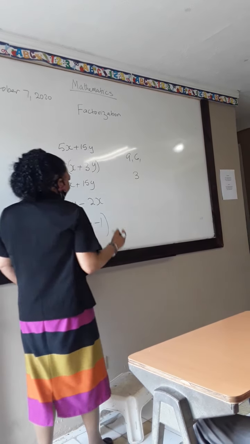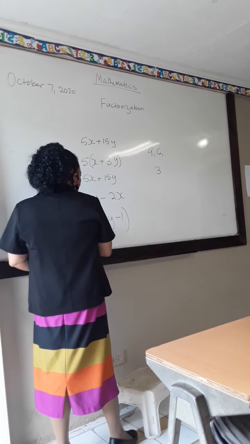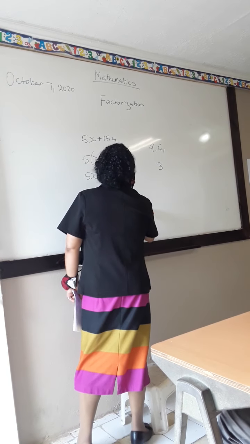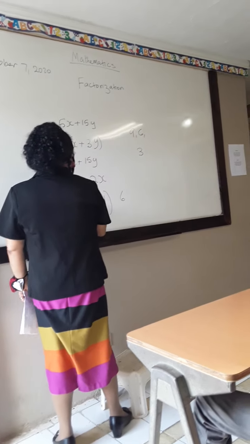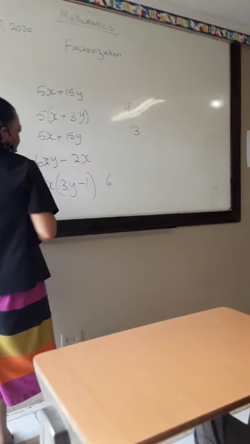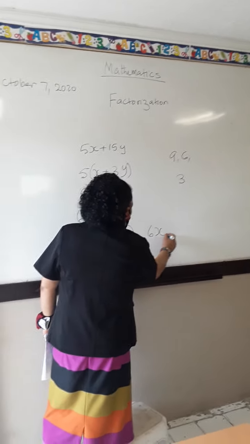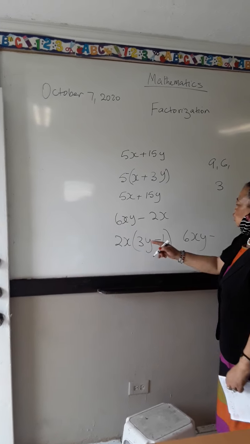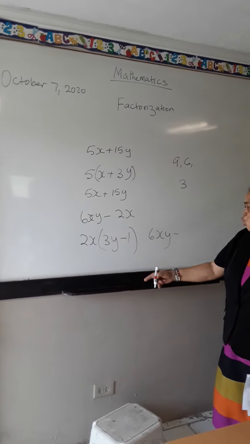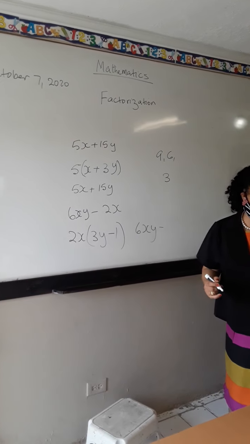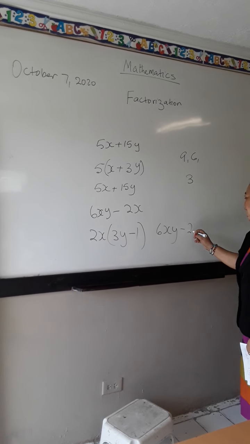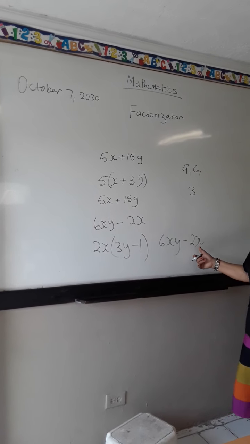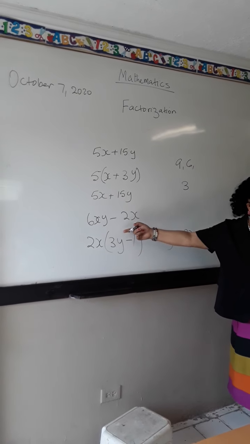Now let's test our result. 2x times 3y is going to give me 6xy. Minus 2x times 1 is still going to give me 2x. And that's how I know I get back my answer.